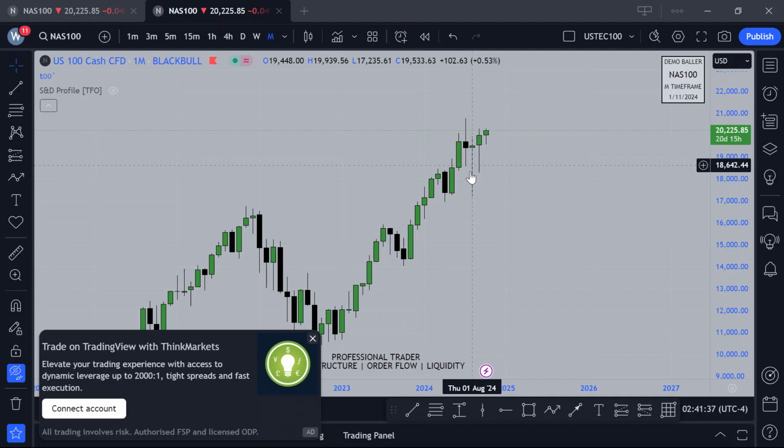Price would then go back down into them and grab some more orders and then head up towards where the liquidity is resting. As we can see here, price made a higher high, higher low, higher high. We did not break this structure here, so we respected this bullish order block, this down close candle. We respected it. Price came down.